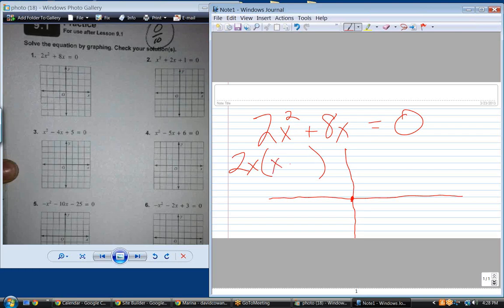X plus 4. Okay, so now if that has to be equal to 0, what's the solution for x? Negative 4. Well, one. 0 and negative 4. Right, negative 4 is one solution, so that point has to be on the graph, and this point has to be on the graph, x equals 0.